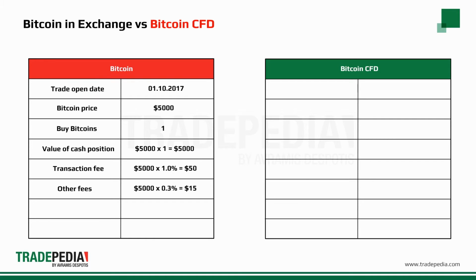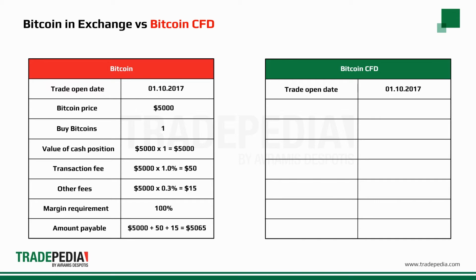With a 0.3% deposit and other fees, we would be charged 5,000 times 0.3%, which equals $15. Since no leverage is provided, the margin requirement is 100%. So total amount payable is 5,000 plus 50 plus 15, which equals $5,065.